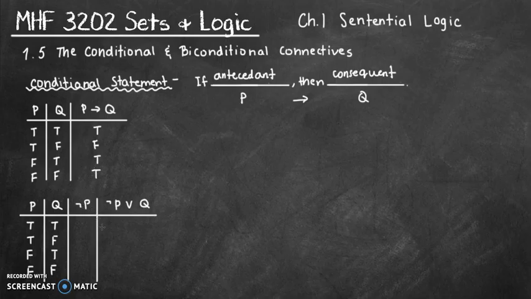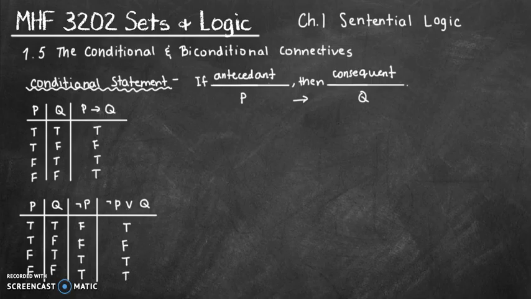Now, let's look at the truth table for not P or Q. So I have all our possible options here, and first I'm going to negate P. So true becomes false, false, true, true. And now I'm going to compare that with not P or Q. So not P or Q, true, not P or Q is false, not P or Q is true, and that's also true.